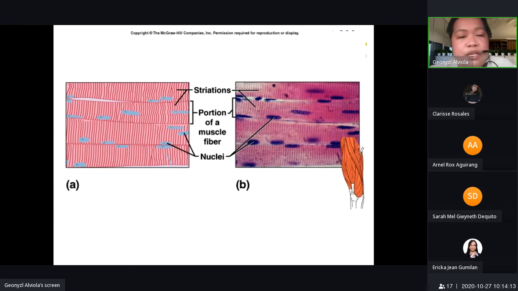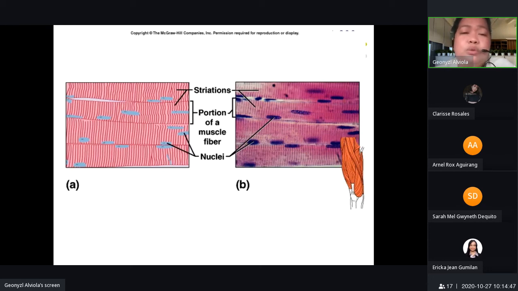In terms of location, it is attached to the bone. Again, attached to the bone. Do not answer na the bone because the bone is a connective tissue. So, kung sabihin natin, it is attached to the bone, not the bone. Okay, what else? Innervation or nervous control, it is voluntary. So, you can control at your will.